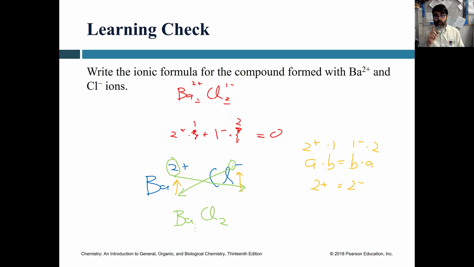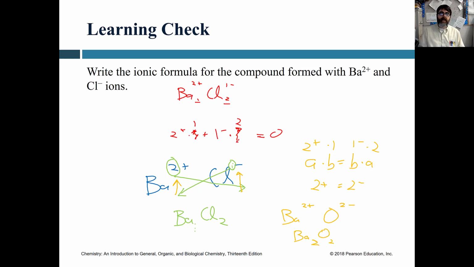And the trick almost always works. There is one exception to it, and that is when you end up with the same number on both. For example, if we had barium bonding to oxygen, barium has a 2+ charge, as we've already seen. Oxygen, if you check the periodic table, has a 2- charge. When you do the crisscross there, you end up with Ba2O2.